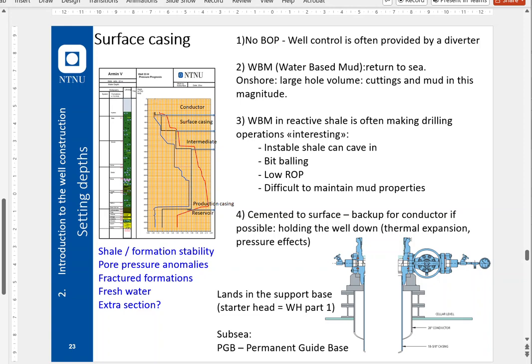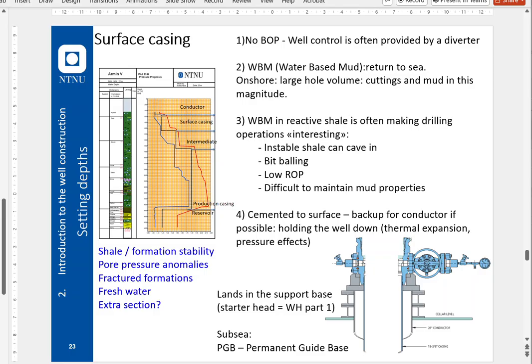Typically, what we're facing onshore, offshore, when we're drilling with water-based muds in these formations, will be that the shales are reacting. Shales are reacting to the water. You can try to do some inhibition with chemicals.